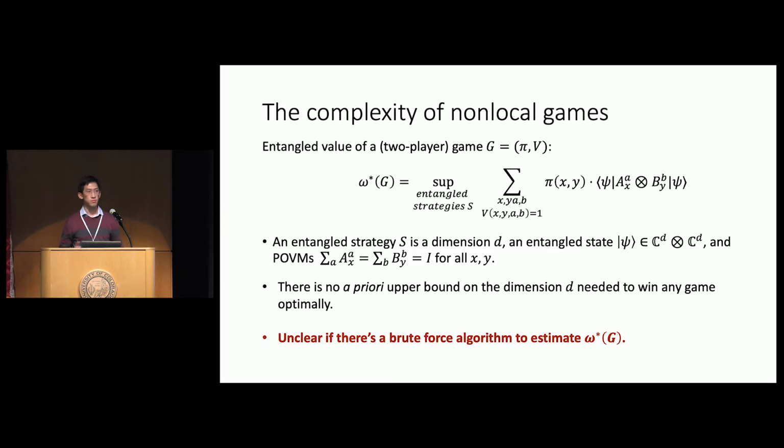There's no general answer that we know of yet. What this means is that even if you just wanted a brute force algorithm to estimate this number, we don't know of any. So this question of what the complexity is is very interesting.